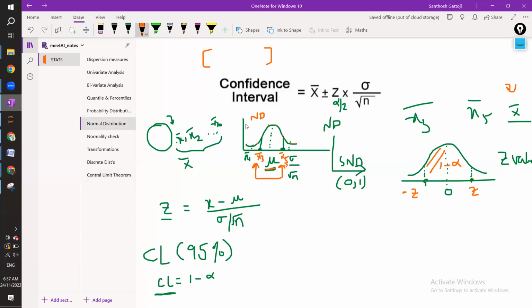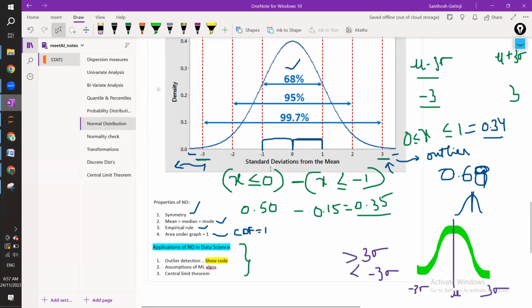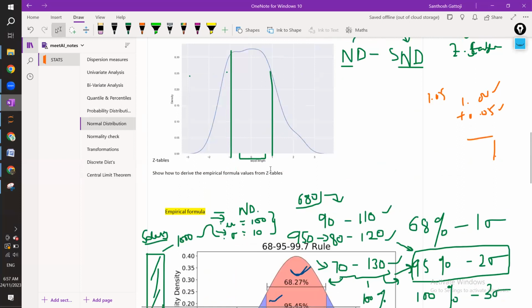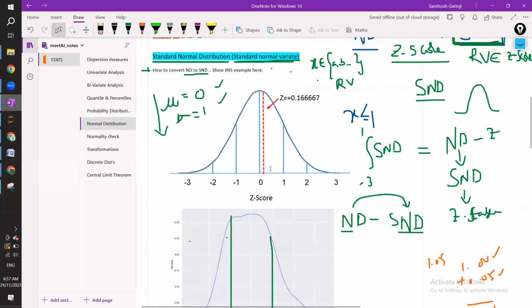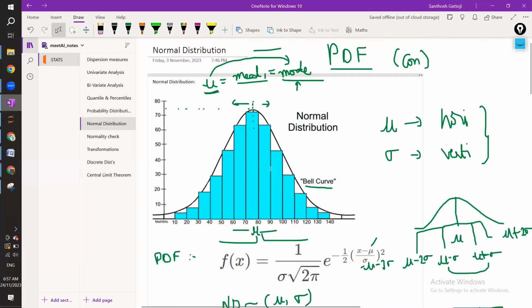You remember or you forgot this? Because in normal distribution, how are you going to convert it into standard normal distribution, guys? It is x minus mu by rho.